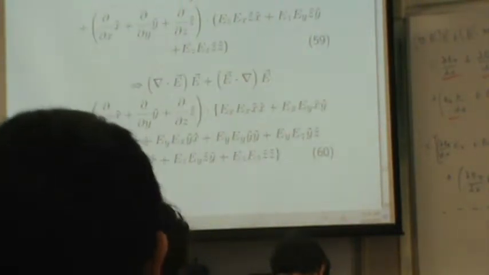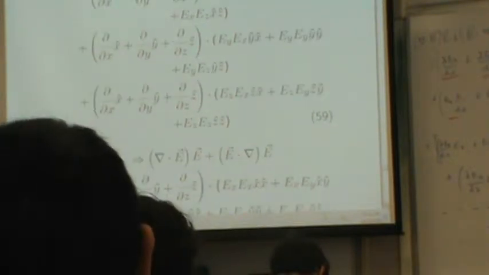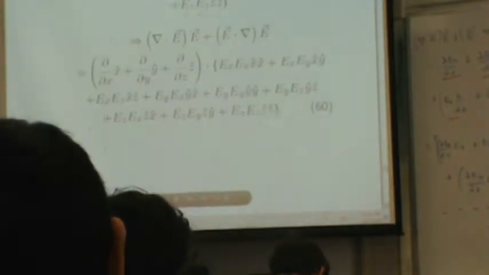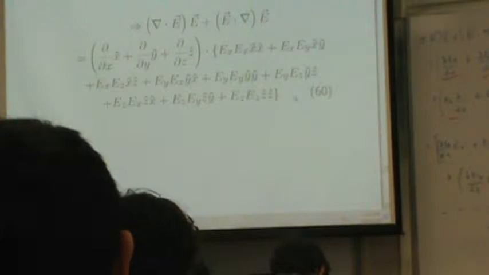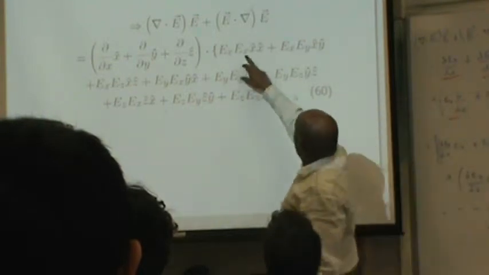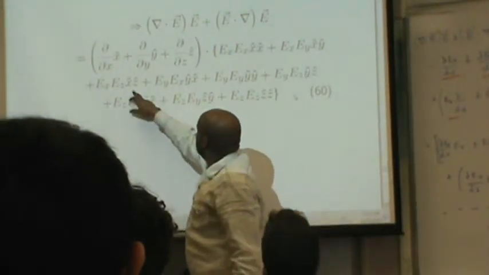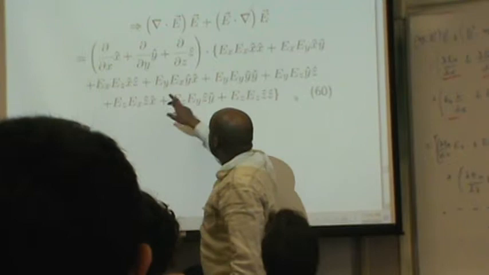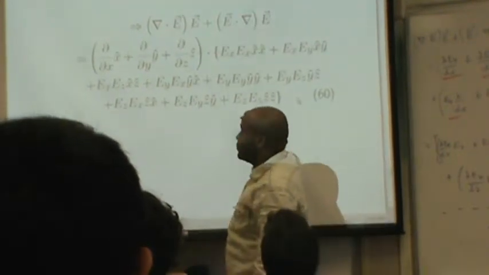Okay, all right. Now I pulled out the gradient from the three terms, so you would have that. At this stage, you have 1, 2, 3, 4, 5, 6, 7, 8, 9 terms.